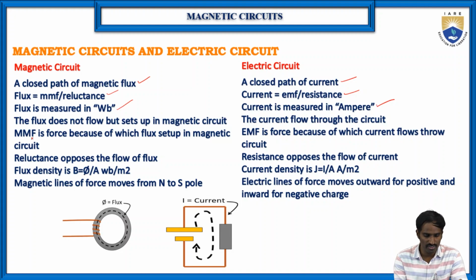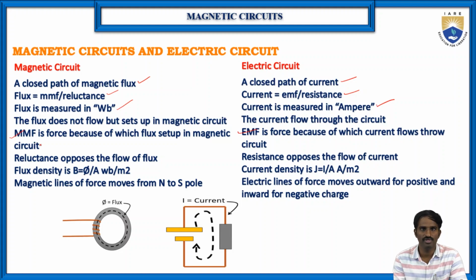The next point is that flux does not flow but sets up in a magnetic circuit, whereas the current flows, passing through the circuit. Another point is with respect to MMF and EMF.